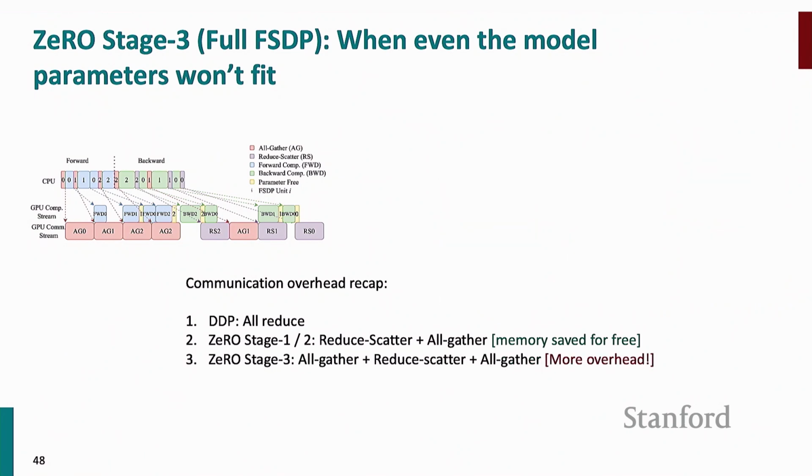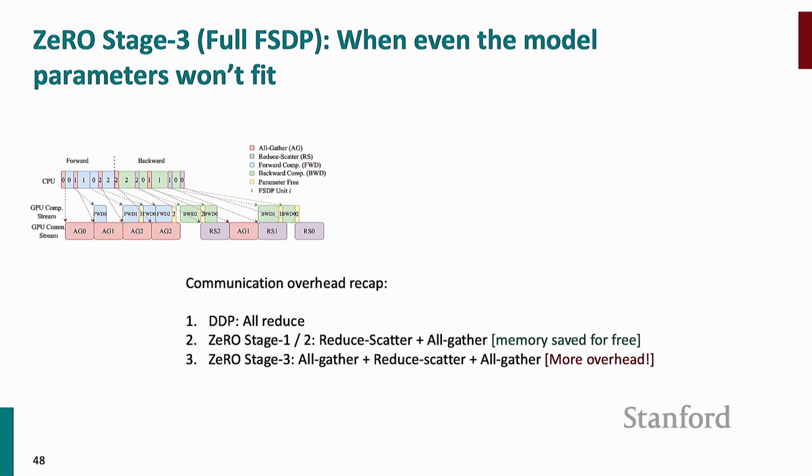And then with ZeRO stage 3, things got a little bit more complex because you have to divide up your model parameters, the optimizer state, and the gradient. And so while you're running your forward pass, you have to do some communication to get the full parameters for any layer, for layer 4 in our example. And then also have to do an all gather in the backward pass so you get the full gradient.